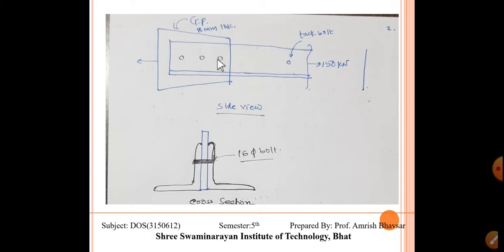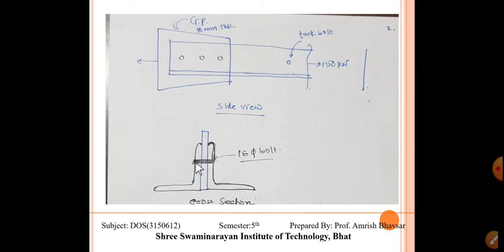So dear students, in this case, this is the gusset plate, 8 mm thick, and two ISA 75 by 75 by 6 connected back to back.